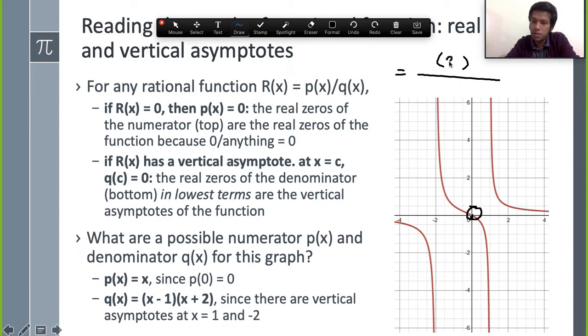That means you have just x in the numerator. That is the idea. And then you see this part of the graph is like this, and this part of the graph is like this.